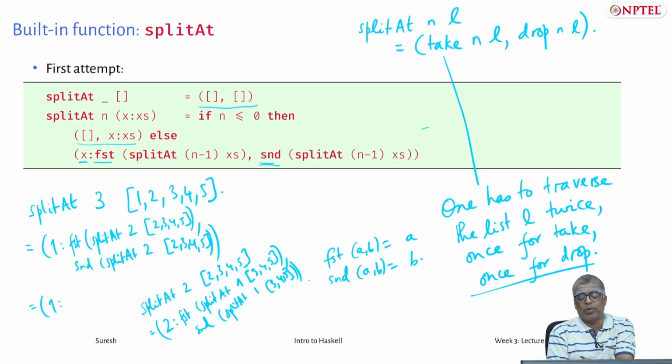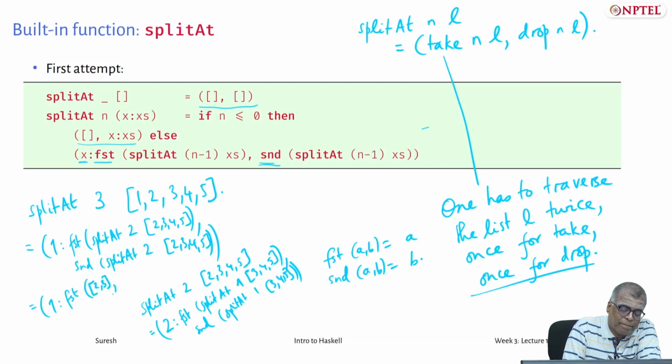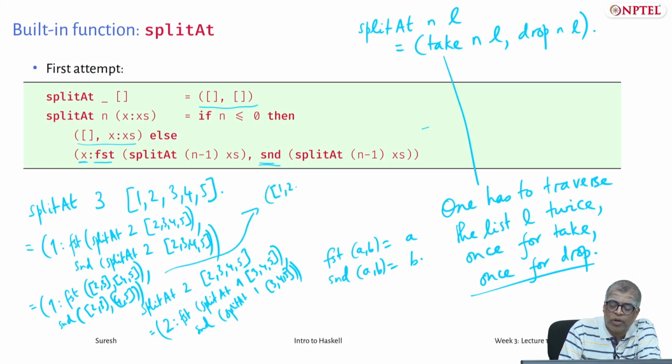So you have to recursively compute this, but eventually you will compute split at 2 and then you will return the value. Here it will be first of 2, 3, 4, 5, comma second of 2, 3, 4, 5, and from here you can actually get to 1, 2, 3, 4, 5.